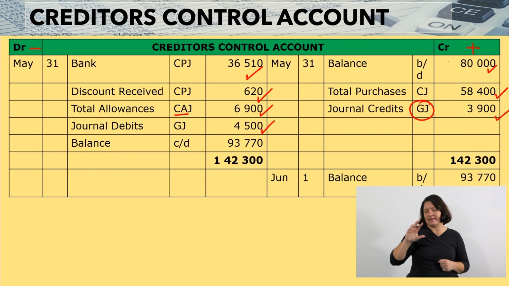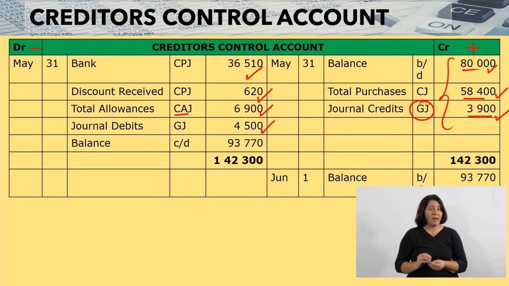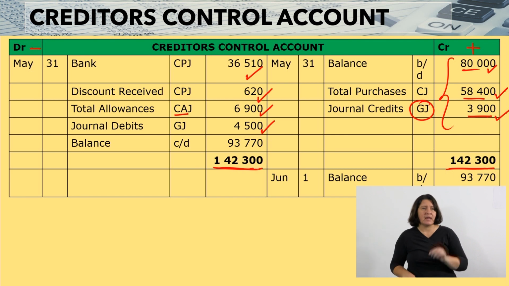In this case, our credit side is bigger. You say 80,000 plus 58,400 plus 3,900. That will give you 142,300. Then you have the same amount on both sides, 142,300.